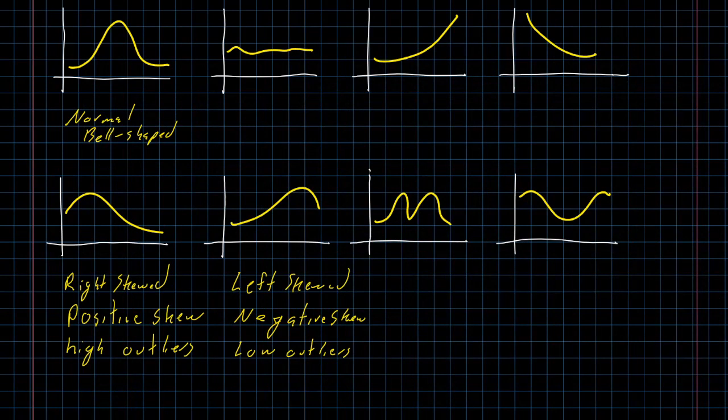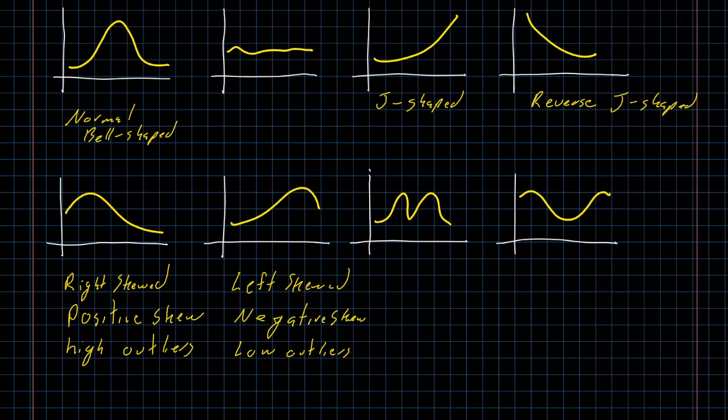Jumping around a little bit, I want to look at the two distributions here on the right, which are called the J-shaped and reverse J-shaped distribution. These are left skewed and right skewed taken to the extreme.